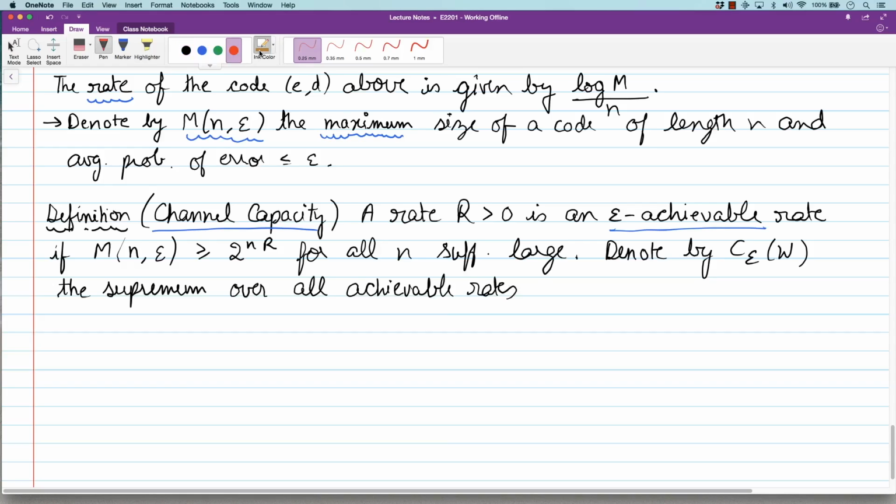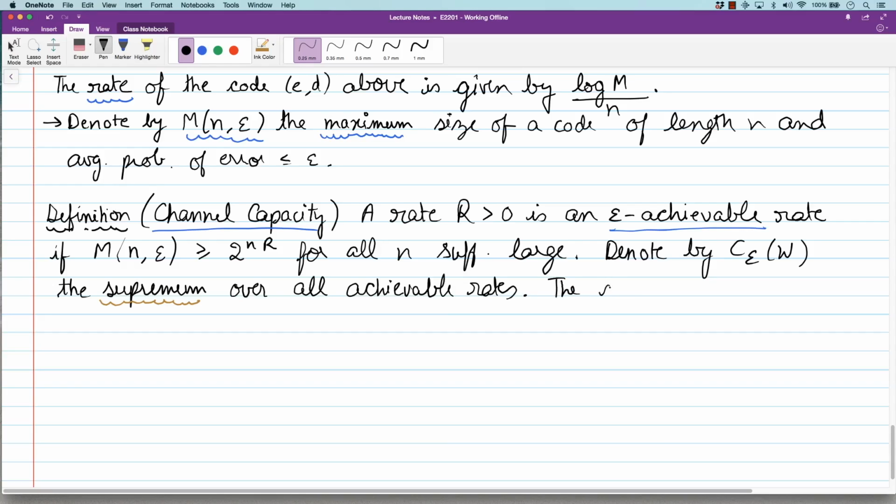By the way, I've used the phrase supremum here. As I've mentioned several times before in the course, this is like maximum, but a slightly more formal notion defined by limits. You can look it up if you don't know what it means. Over all achievable rates, denoted by C epsilon W, the supremum over all achievable rates.